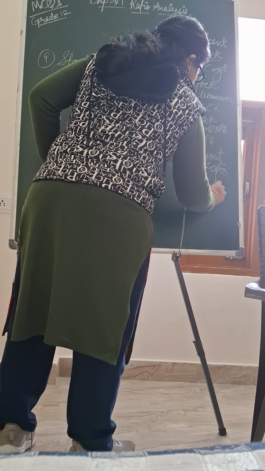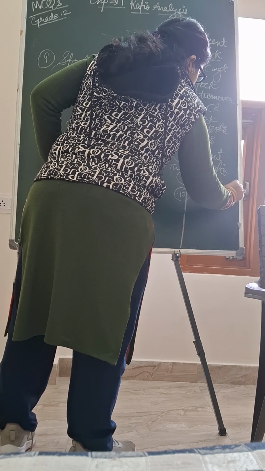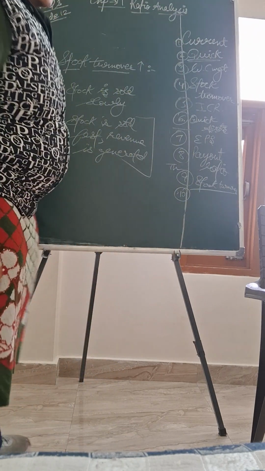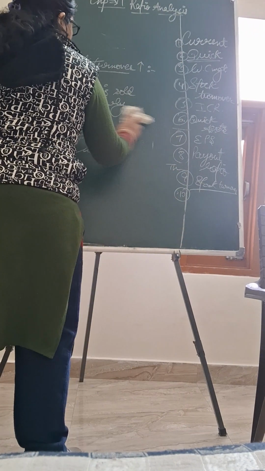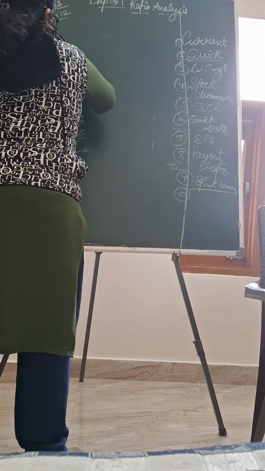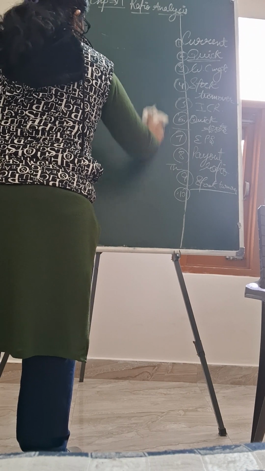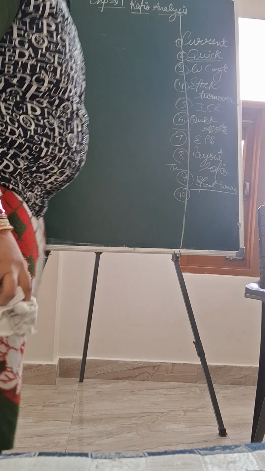This is stock turnover, and in the 10th point, this is the stock turnover ratio we have covered. In the 10th point we will cover one important thing in case of ratios.